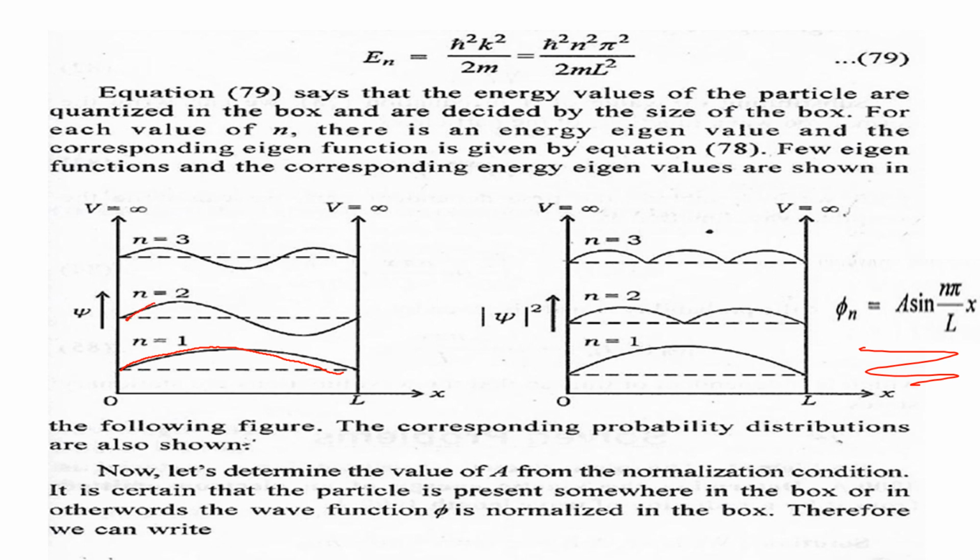And n equal to 2, this is like we learned the formation of standing waves when you learned about waves. Same way, when n equal to 1, this is the variation of the wave function shown here.